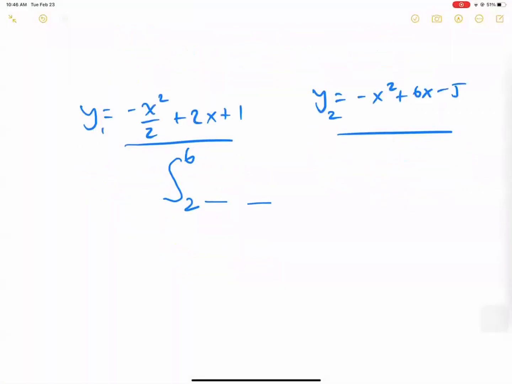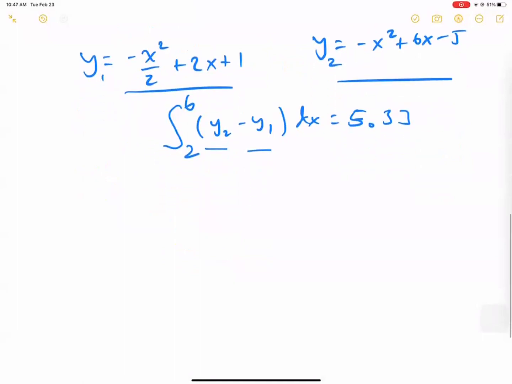So we said it was y2 minus y1, and that gave us positive 5.33. And if I had mixed it up, if I went the wrong order, if I said the integral from 2 to 6 of y1 minus y2 dx, this gave us negative 5.33.